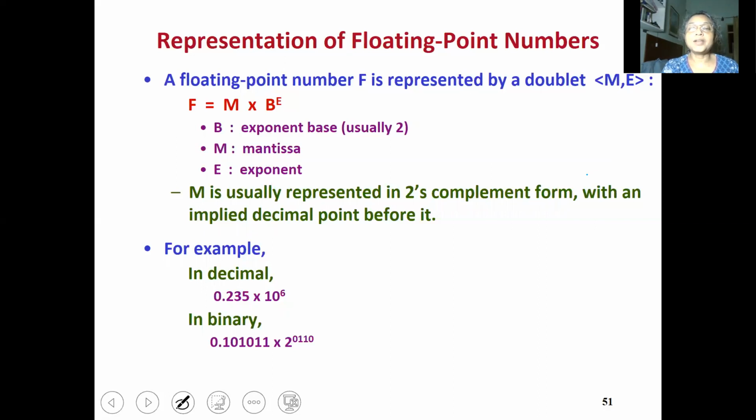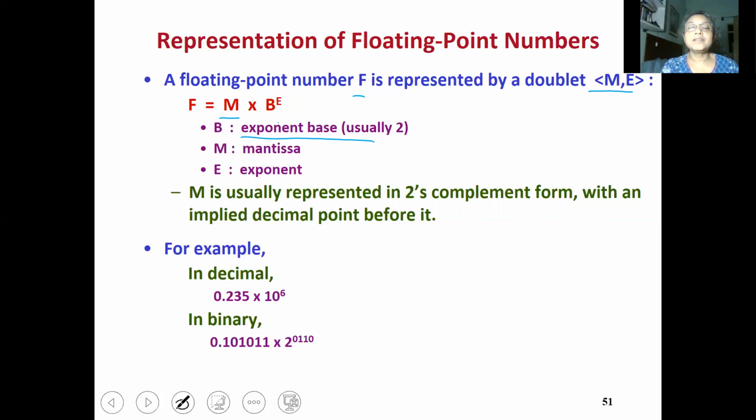So a floating point number f, we can represent it by a doublet m and e, where m is called the mantissa, e is the exponent and b is the base of the exponent. We can think of f equal to m into b to the power e. And typically, for binary numbers, we take b equal to 2.